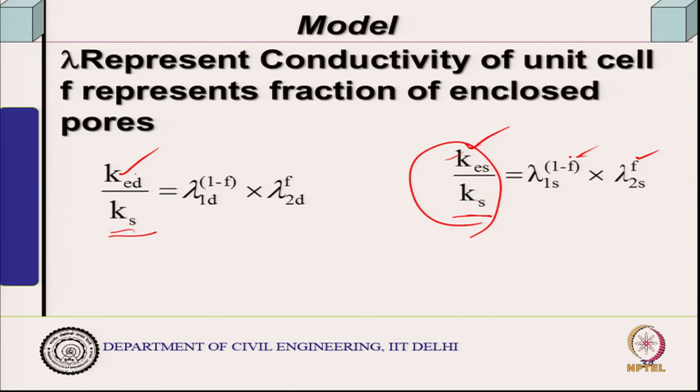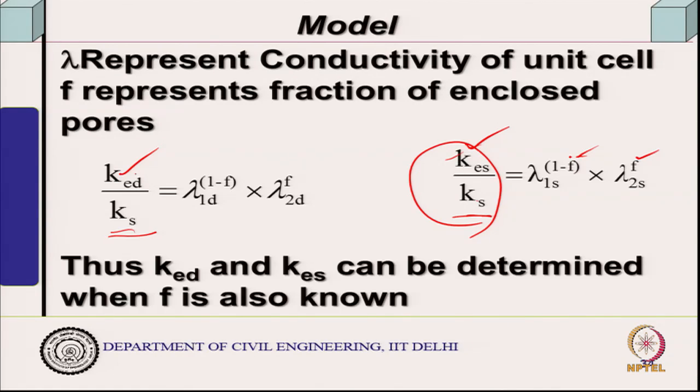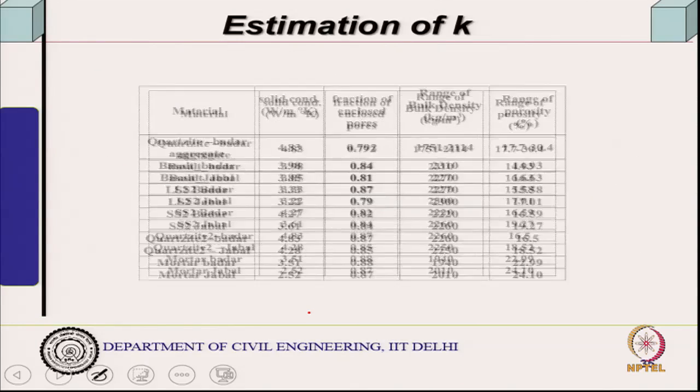So, there are 2 unknowns and they can actually be estimated from experimental results of conductivity of the saturated and dry solid. And once that is done, future people do not have to do that, they have to use the model only. So, to arrive at the model, it can be determined if f is known. So, that is what it is.